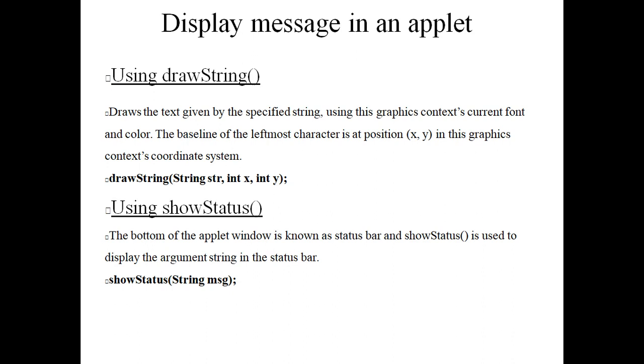drawString is a method present in the Graphics class, and it can be invoked using the object of the Graphics class. It has three parameters. Whatever string you pass in this method will be displayed on the body of the applet, and the position where the string has to be displayed can also be mentioned. int x represents the x coordinate and int y represents the y coordinate where the string has to be displayed.